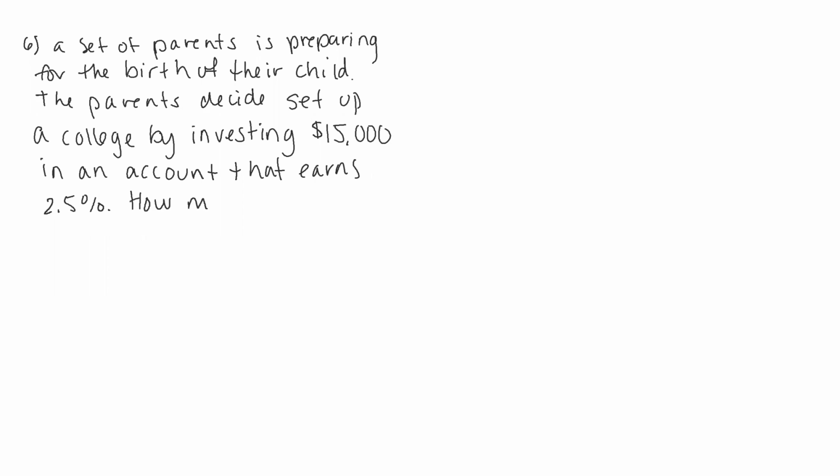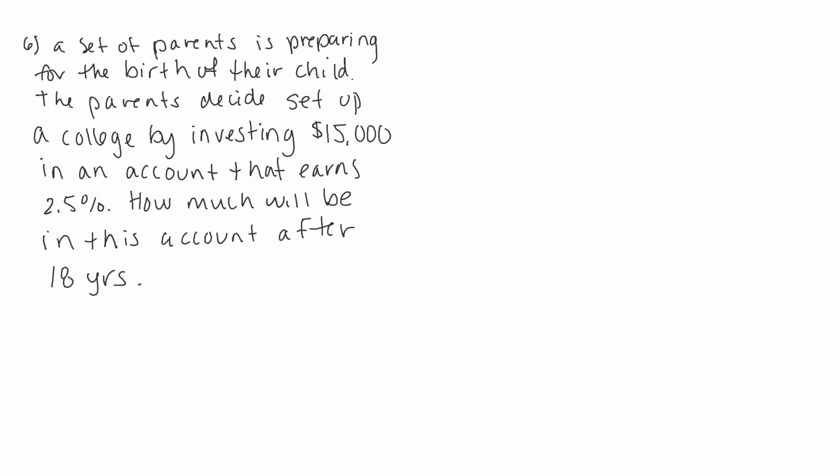How much will be in this account after 18 years? So we're kind of imagining this kid has 18 years to decide to go to college. How much will be in this account?